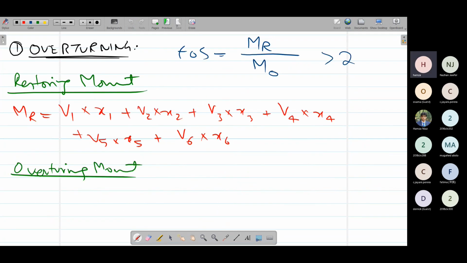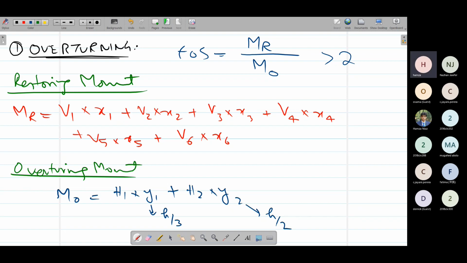So for the disturbing moments, the overturning moments, we have H1 times Y1 plus H2 times Y2, where Y1 is H by 3 and Y2 is H by 2. We just have to get these values from the figure. H1 and H2 we have already calculated, and this way we can get the resisting or restoring moments and the overturning moments.